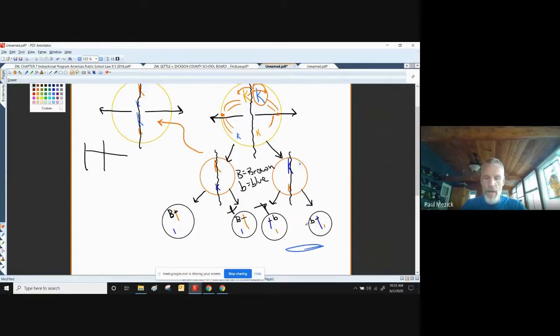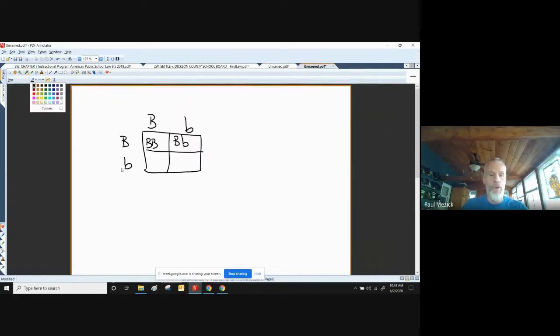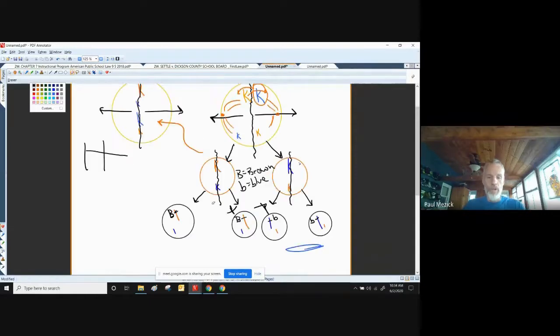Dad has an opportunity to give 4 of those, just like the mom has an opportunity to give 4. That's why there are 1, 2, 3, 4 boxes, because you don't know which of these four dad's going to donate, and you don't know which of the four mom's going to donate to the offspring.